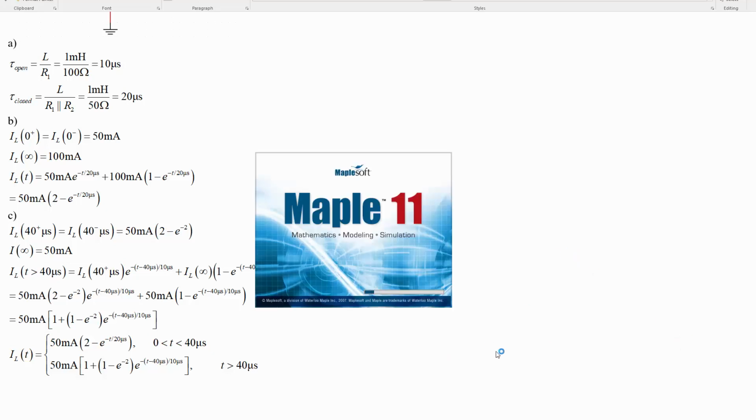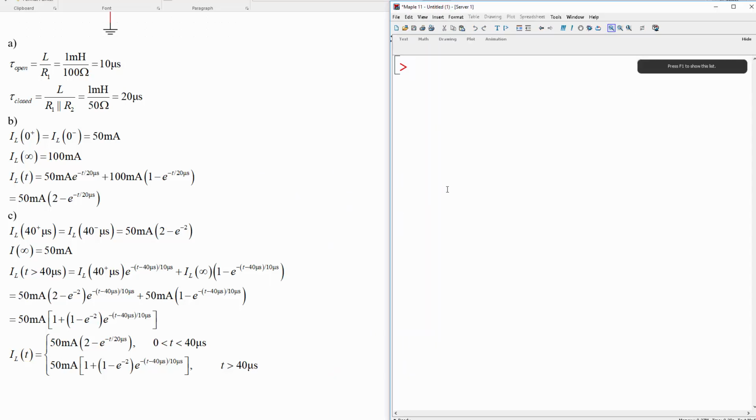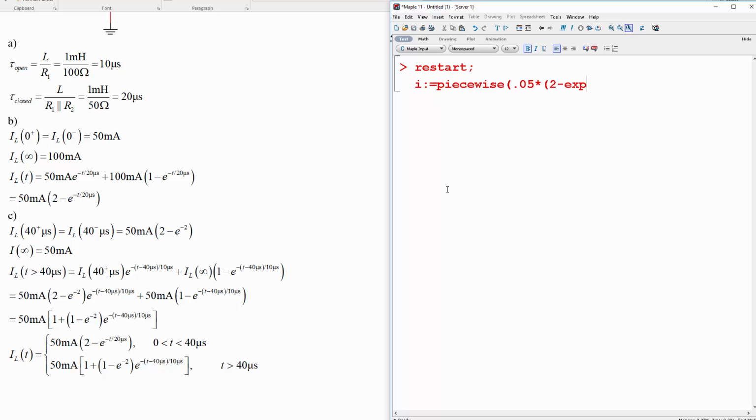So let's see if we can plot these functions. How about we'll say I is equal to piecewise 0.05 times 2 minus e to the negative t over 20 e minus 6. And that's going to be the case as long as t is less than 40 e minus 6.